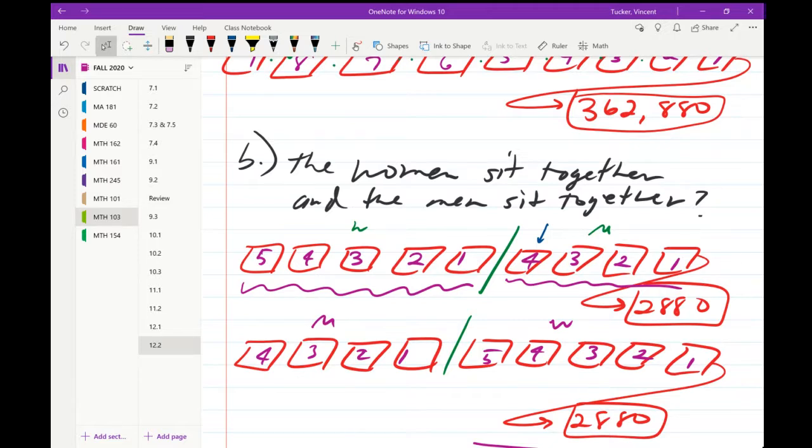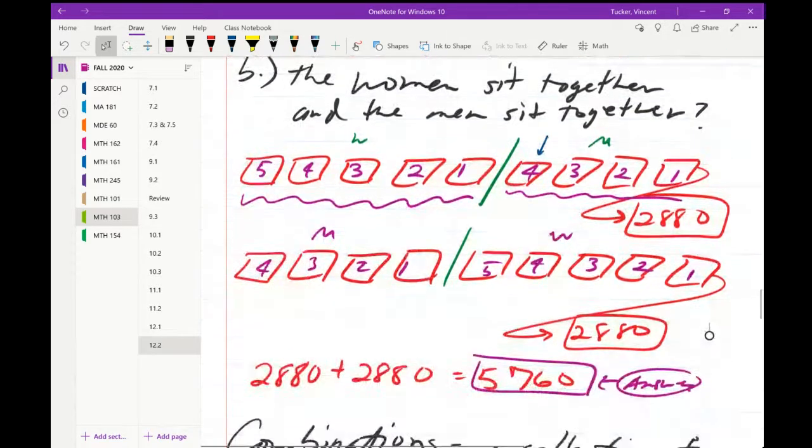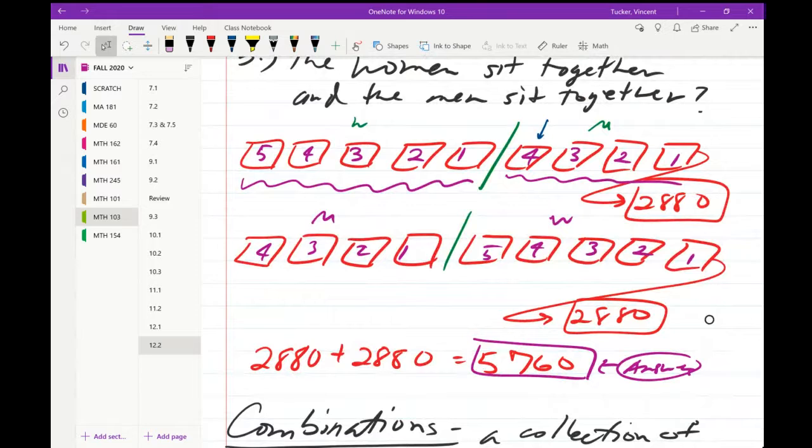Still should get the same number, but I'm just showing you what we're doing and how we're getting that number. All right. So then you add them together, and that'll give us 5760 as our final answer.